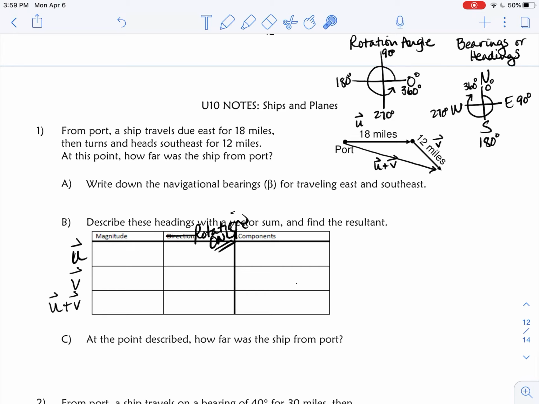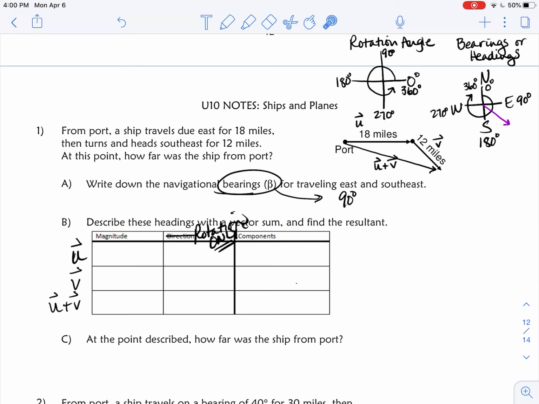So the first question says, write down the navigational bearings for traveling east and southeast. So if we're looking at navigational bearings heading east, east is directly 90. So 90 is the bearing for east. Southeast is going to be exactly halfway between south and east.